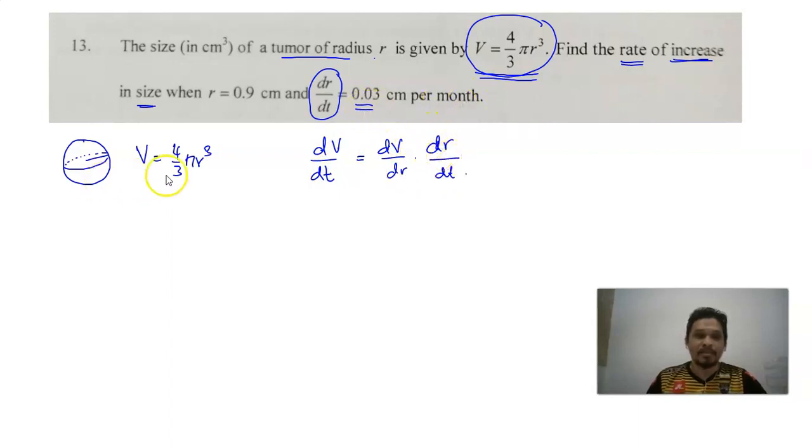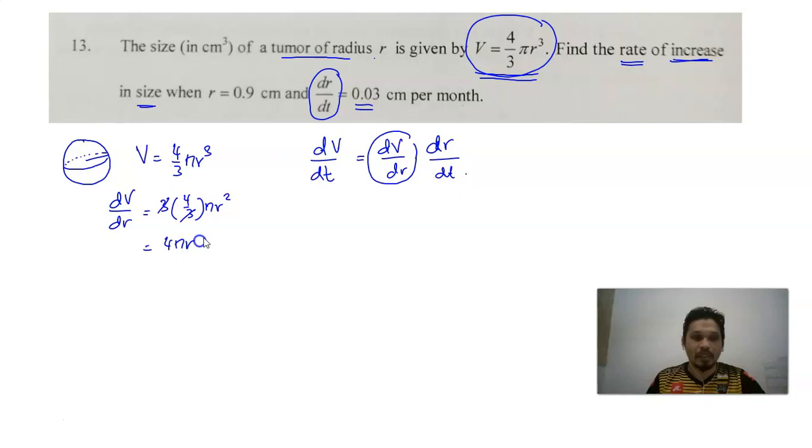So we're going to find this out from here. Then dV/dr equals 3 times 4/3 pi r squared, which is 4 pi r squared. So we substitute it all here.